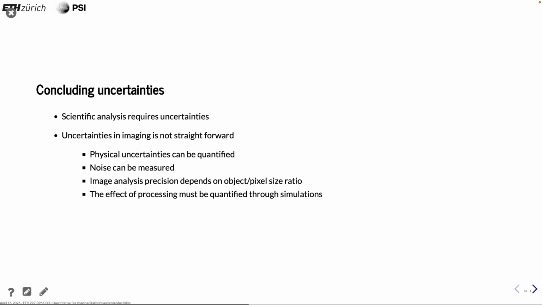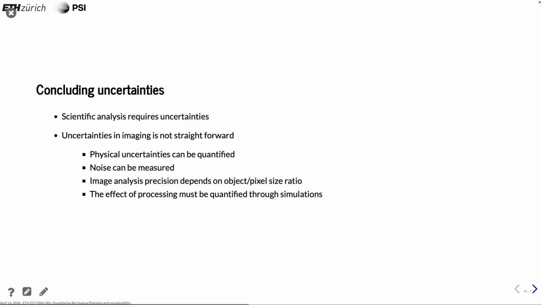So, let's conclude the uncertainties: in principle, any scientific analysis requires that we have uncertainties and are able to put error bars on our plots and analysis. But uncertainty in imaging is not straightforward.